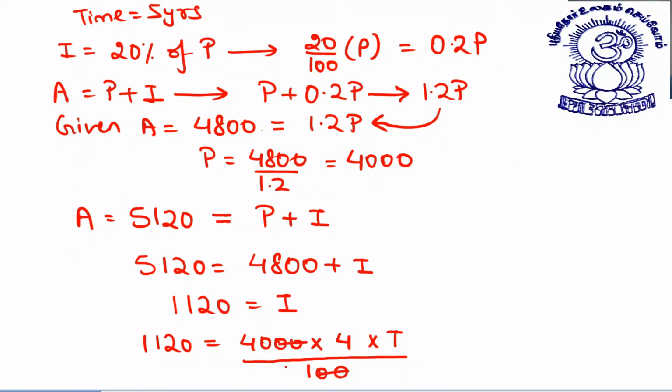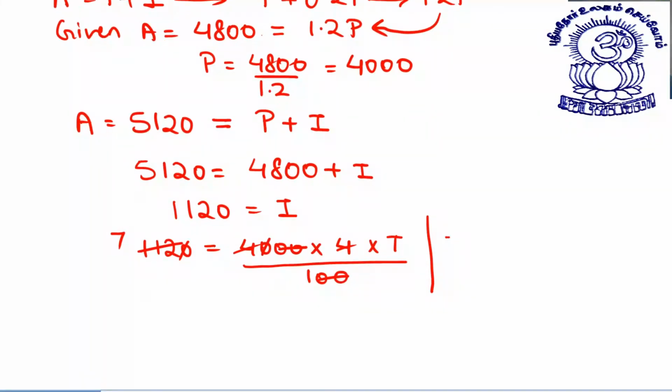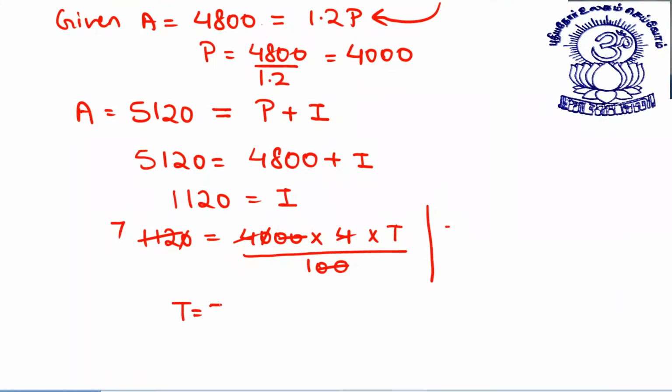Double zero and double zero cancel. 4 and 4 multiply to 16. 16 if you cancel with 112, you will get 7. So the time is equal to 7 years, and I am very sure this is clear to all of you, my dear students. So should we move ahead?